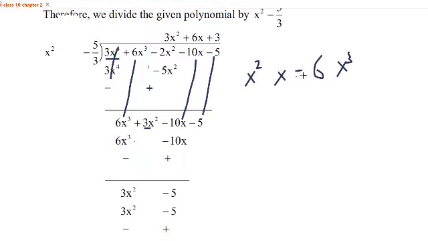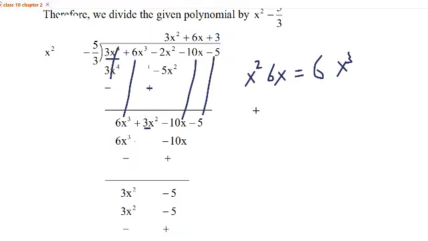X square into x is x cube. Also I require this number 6. So x square must be multiplied with 6x. Therefore you can see 6x is here in the quotient. So x square into 6x is 6x cube. And when minus 5 by 3 is multiplied by 6x, this 3 will cancel this 6, and I'll be left with minus 5 into 2x.